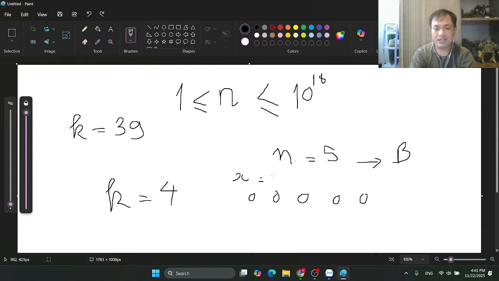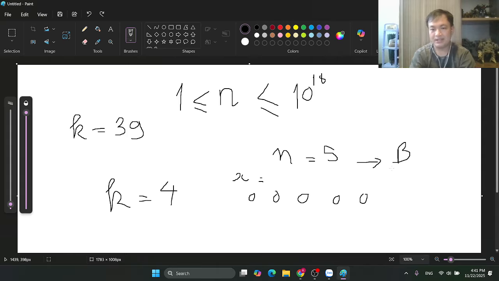If s is 2, B takes 3, so B wins too. And when s is 3 or 4, the answer is still B. So that means if A takes any stones from 1 to k, B wins.